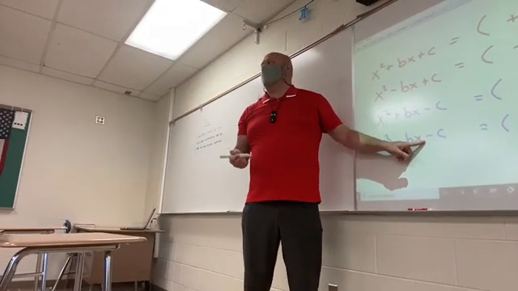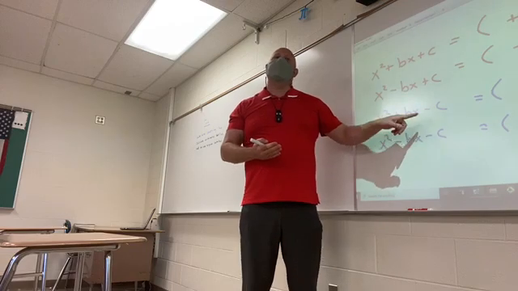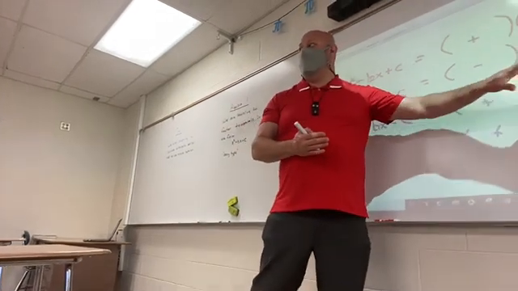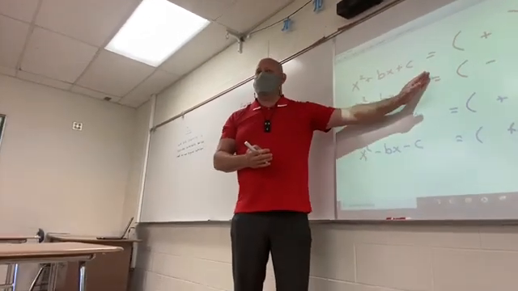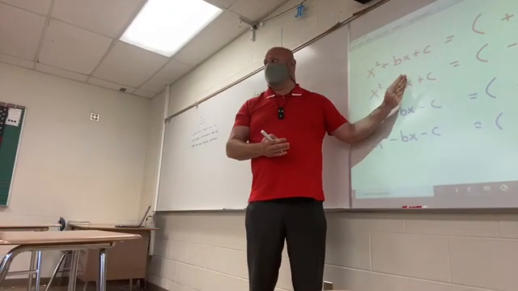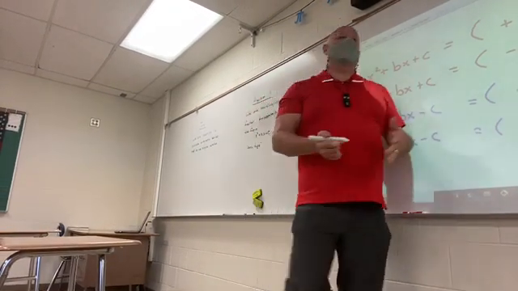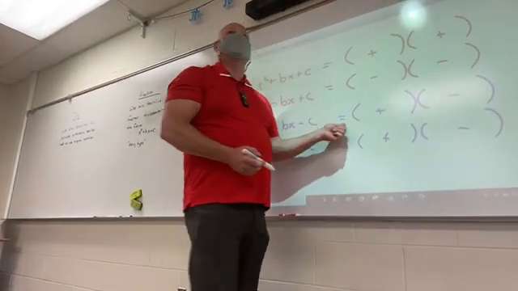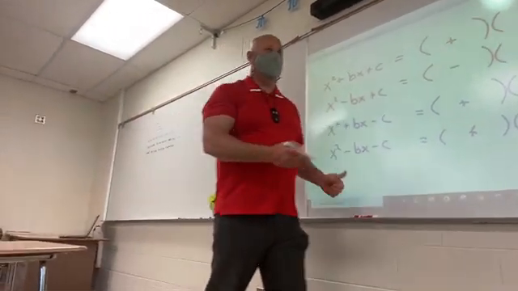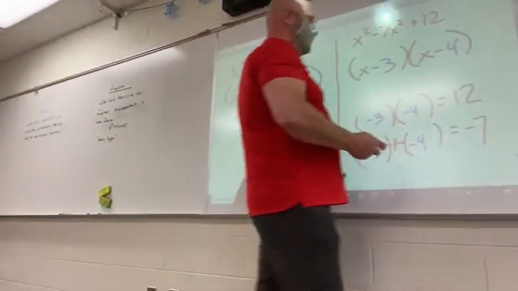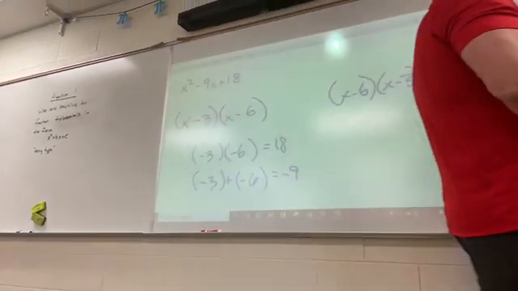The only way is to have one positive, one negative, right? Because if they're the same, you're going to end up positive. So the question then becomes, which one is positive, which one is negative? That will matter.